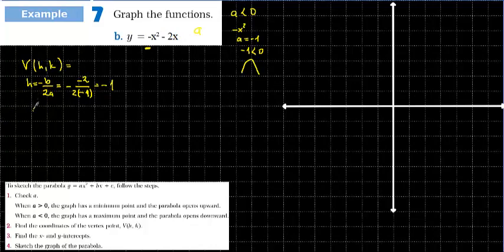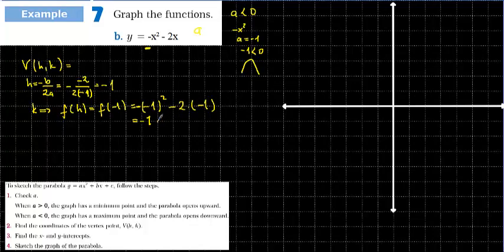If h is equal to minus 1, what about the value of k? For finding k, we should find f(h), which is equal to f(minus 1). That's equal to minus (minus 1) squared, minus 2 times minus 1. Minus 1 squared is equal to 1, so it's going to be minus 1.